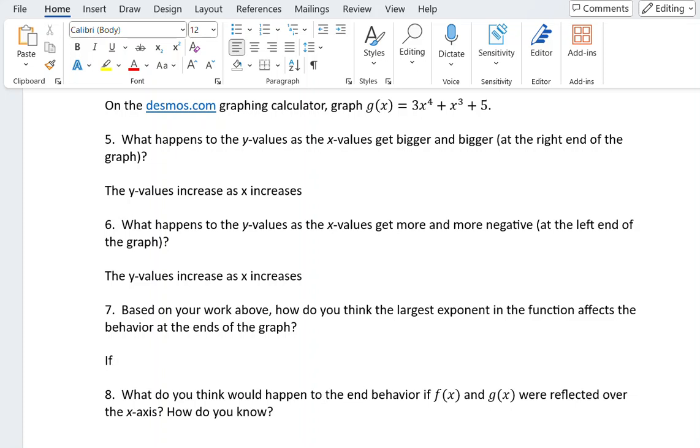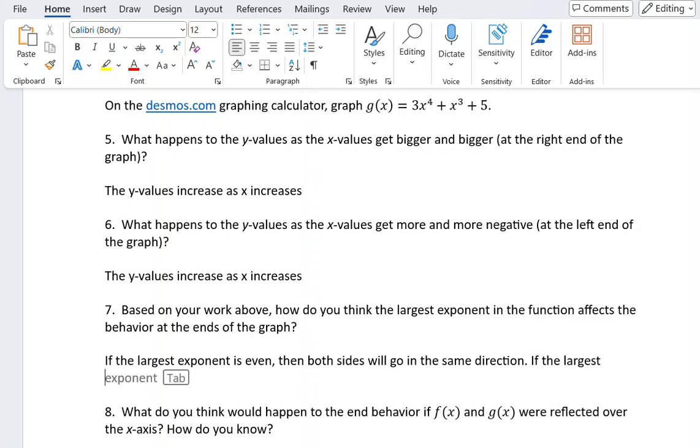So if the largest exponent is even, then both sides will go in the same direction. For the graph of x to the third, we had it going upward on one side and downward on the other side. So if the largest exponent is odd, then they will go in opposite directions.